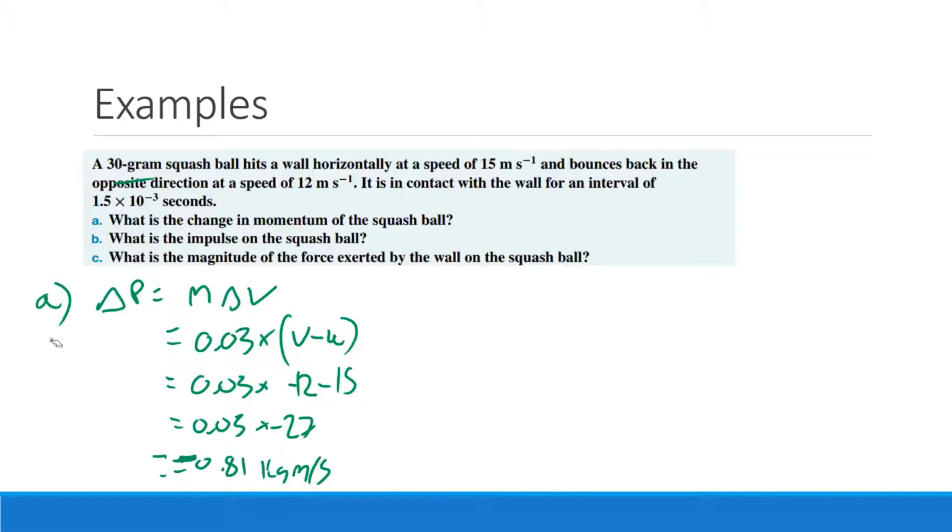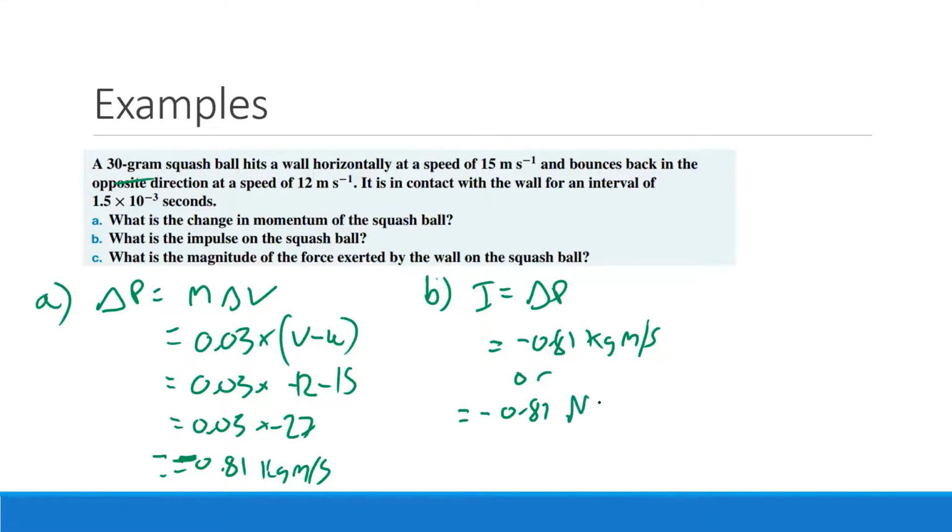What is the impulse? Well, the impulse equals a change in momentum. So therefore, the impulse is equal to negative 0.81 kilogram meters per second, or negative 0.81 Newton seconds.